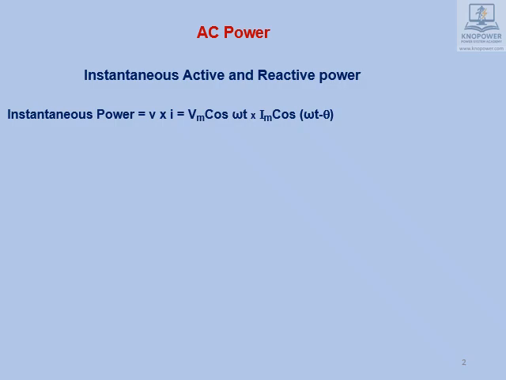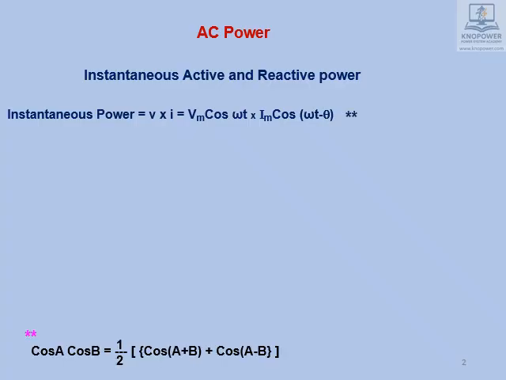Instantaneous power equals instantaneous voltage V into instantaneous current I, equals Vm cos omega t into Im cos omega t minus theta.